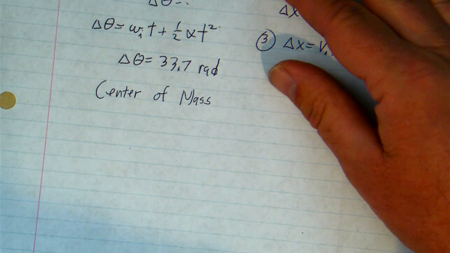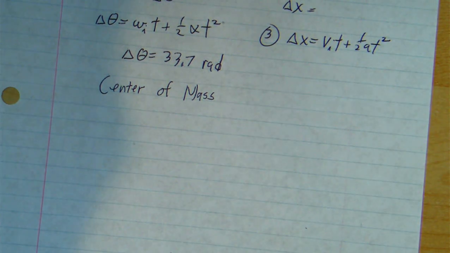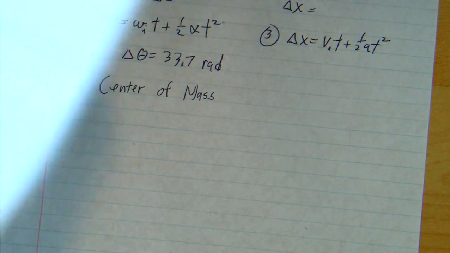We need to have a coordinate system. You could be asked to do this in 2 dimensions at some point in your lives, so maybe I should teach you how to do it in 2 dimensions at this point.